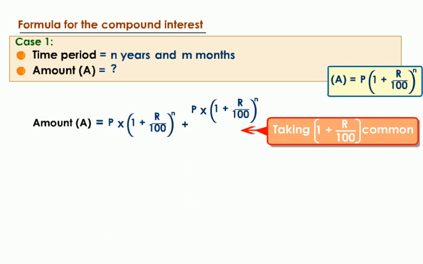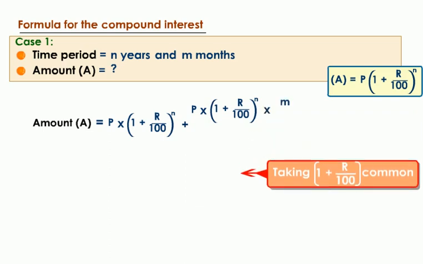That is equal to principal into 1 plus rate divided by 100 whole to the power n into 1 plus m divided by 12 into R whole divided by 100.